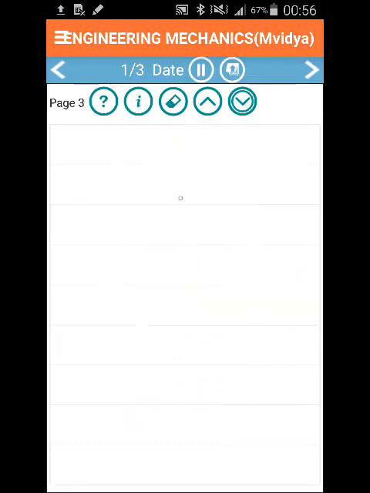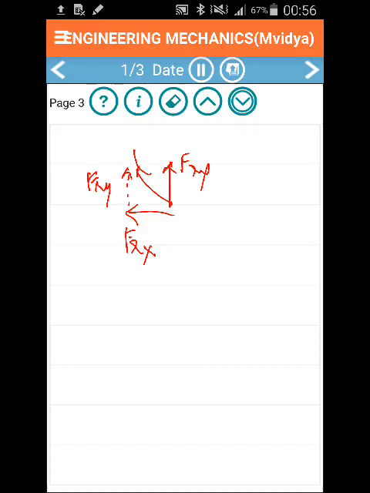So let my resultant force have FRx along the negative x-axis and FRy along the positive y-axis. So this will be my FRy. So I can write my resultant force FR as per Pythagoras theorem.